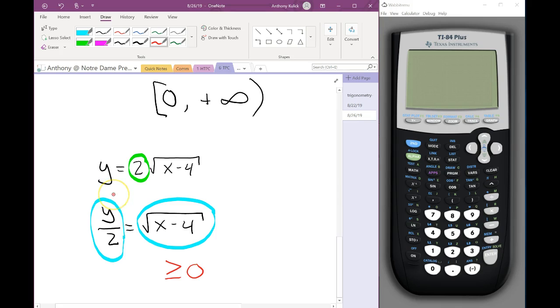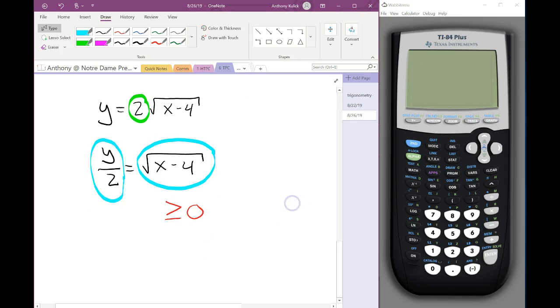So what can I say about y over 2 then? Well, it's got to be non-negative also, right? Because y over 2 is equal to the square root of x minus 4, which is always going to be a non-negative value. If I take the square root of a number, in the domain anyways, I have to be getting 0 or something bigger.